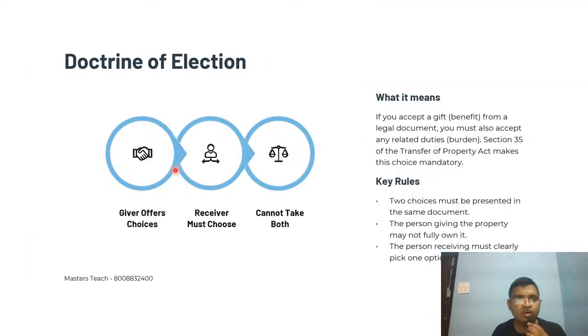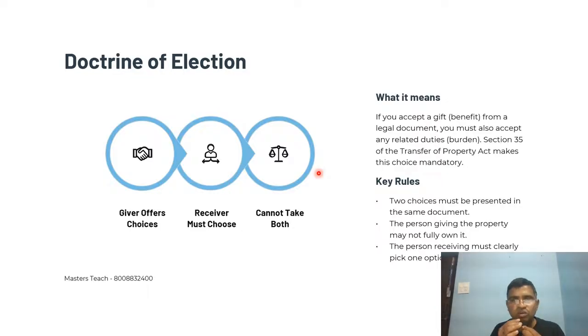Okay, Doctrine of Election. What does it mean? If you accept a gift or benefit from a legal document, you must also accept the related duties or burdens. According to Section 35 of the Transfer of Property Act, this choice is mandatory.